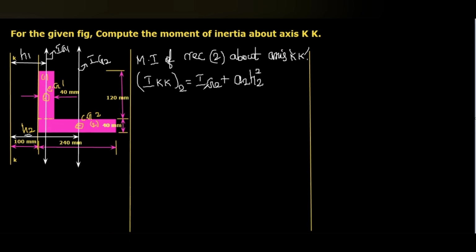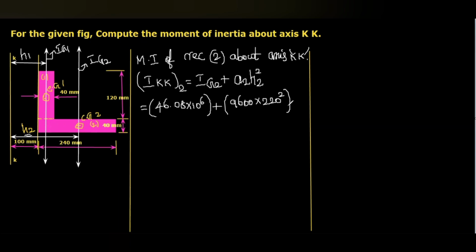Here we calculated the value of IG2. Substitute all the values. IG2 was 46.08 multiplied with 10 power 6, and then we calculated A2, that is 9600, and H2, that is 220 mm square.